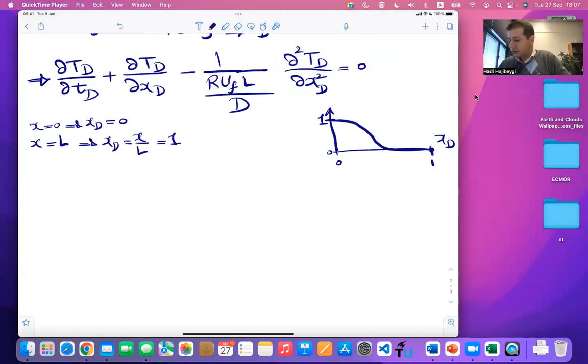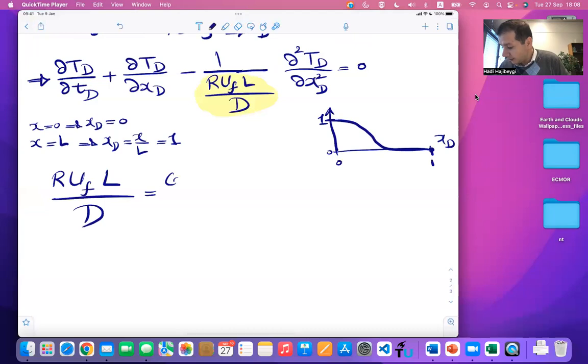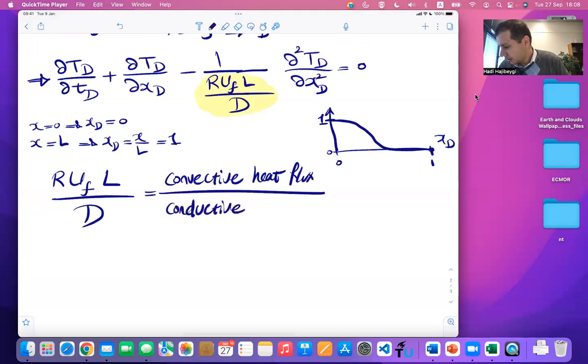Fantastic. Now, everything is dimensionless, including this coefficient, this factor, which is some sort of velocity times length divided by this kind of conduction coefficient, which is actually the ratio of convective heat flux divided by conductive heat flux, or convection over conduction.